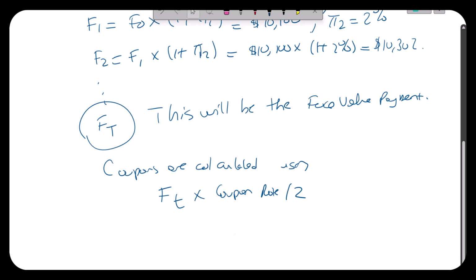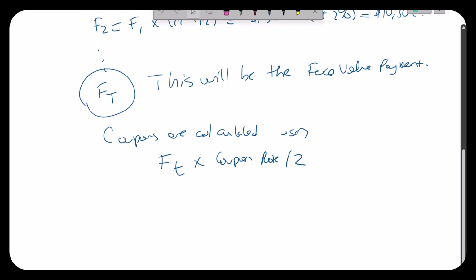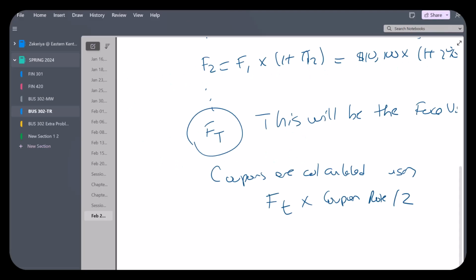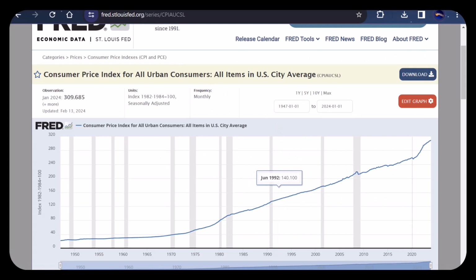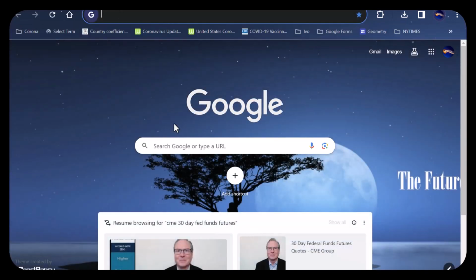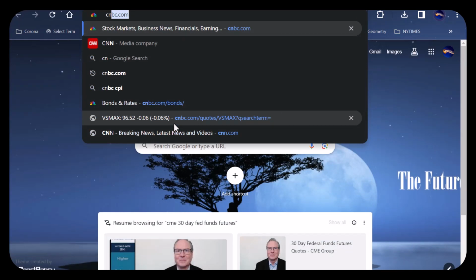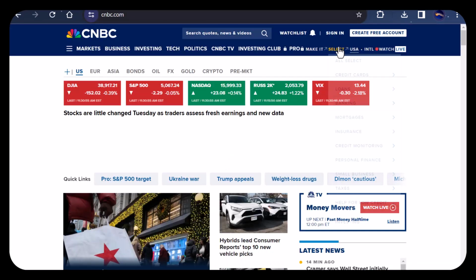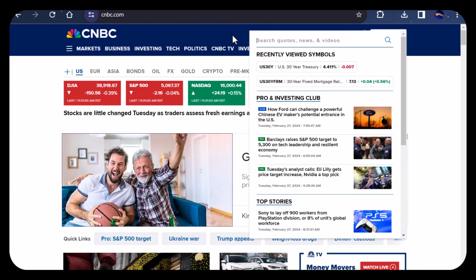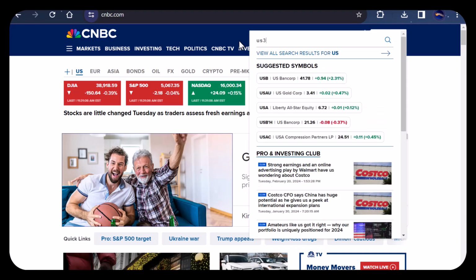For example, if I go to Bloomberg, there's a page on this, actually CNBC has one too. Let's look at the current rates, US 30-year TIP.